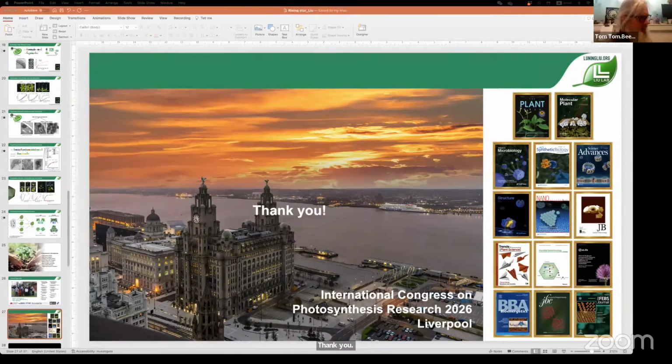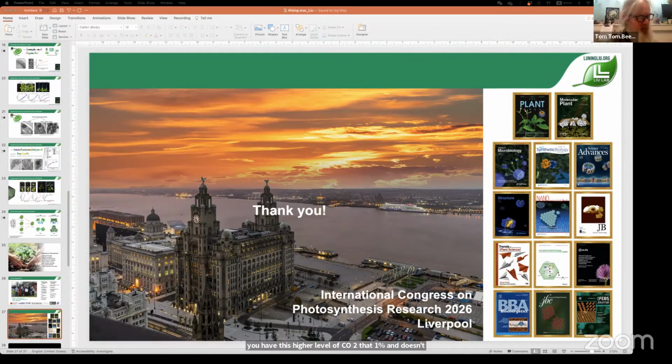Yeah, maybe I have a question, because I'm totally not in this field, but I'm just wondering: the whole system with this carboxysome works when you have a higher level of CO2, like 1%, and doesn't seem to work with ambient air.